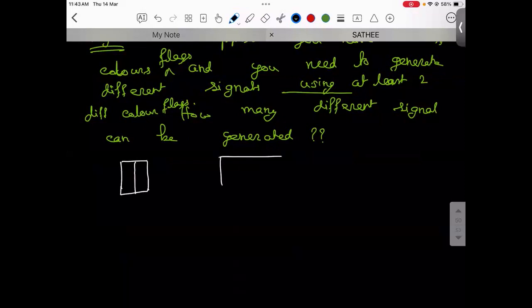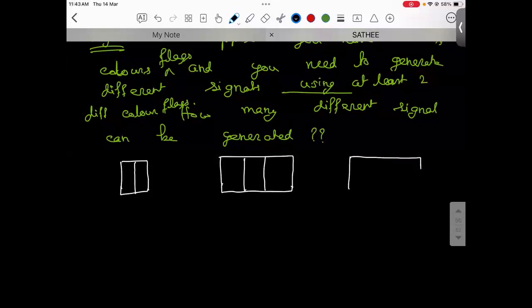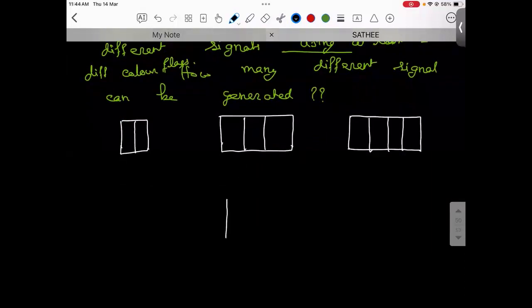You have to use 3 different colors to make a signal, and you have to use 4 different colors to make a signal. You may have to use 5 flags to make a signal. I am not saying that you must use all.